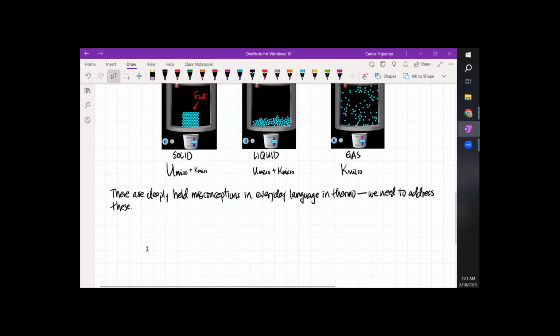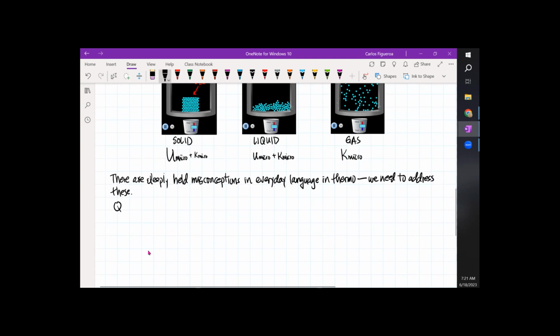Okay, so now we start with the question that I asked in the title of this chapter. What is the difference between temperature, heating, and internal energy?